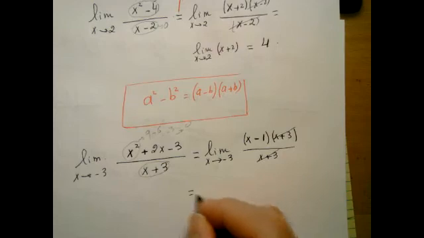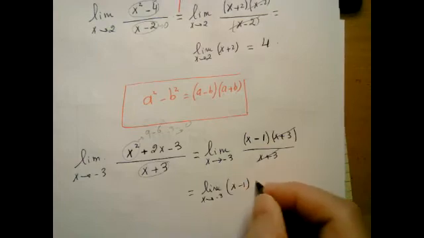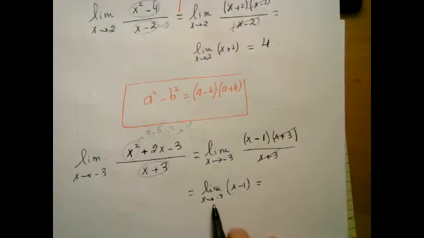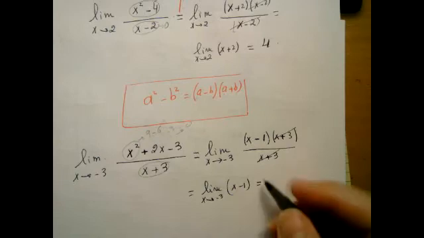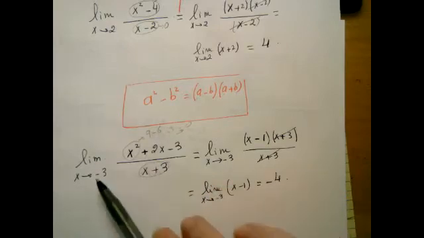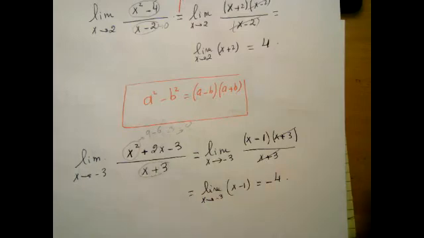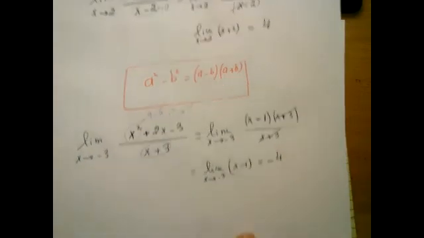So I will have the limit as x becomes close to -3 of x minus 1. Now when x becomes close to -3, I will have -3 minus 1, which is -4. So if you take this expression, start taking values close to -3 and plug them here, you will get exactly -4.